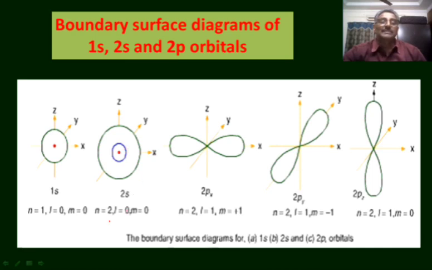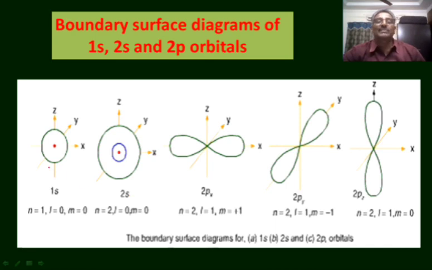For the 2s orbital, the principal quantum number is 2, the azimuthal quantum number L is equal to 0 for an s orbital, and if L is equal to 0, M can have only one value, that is also 0. That is, the magnetic quantum number is also 0 for the 2s orbital.